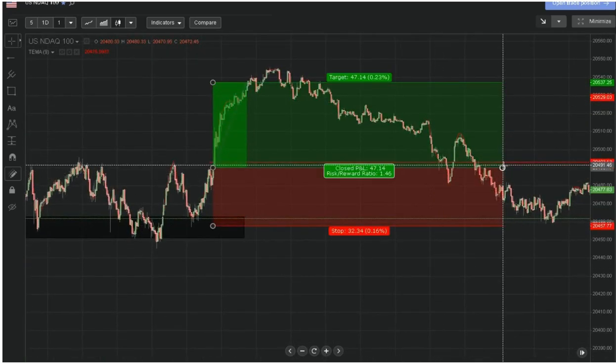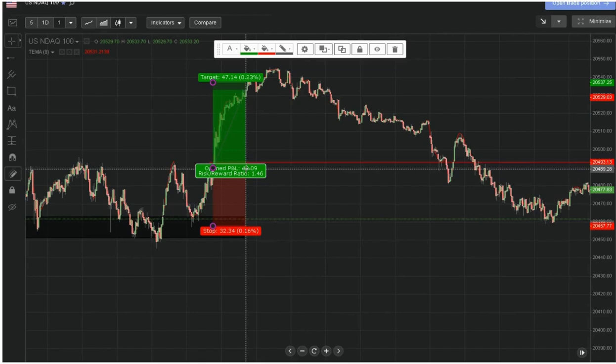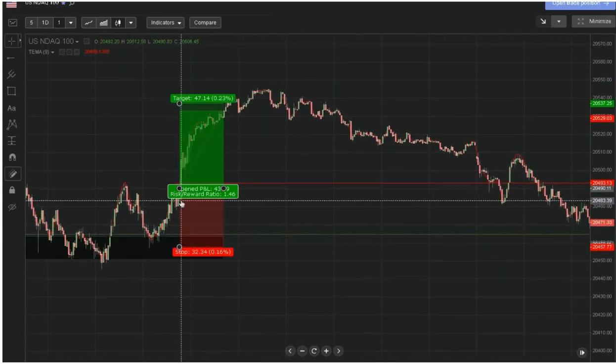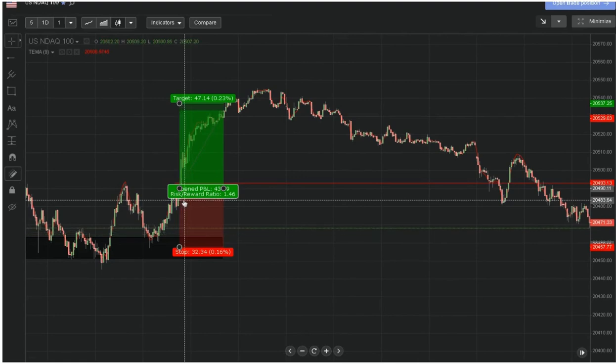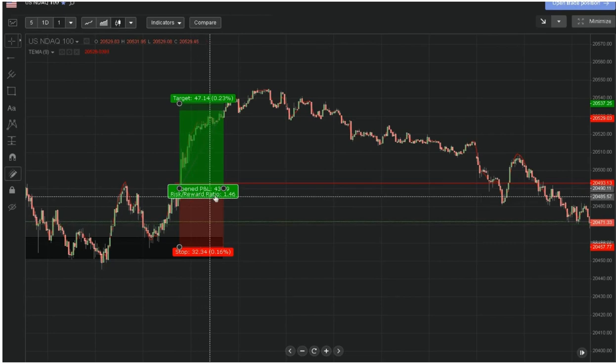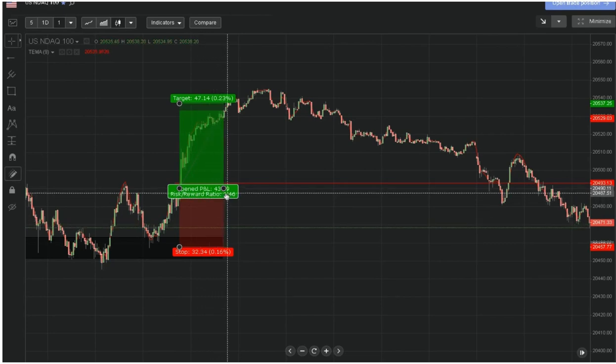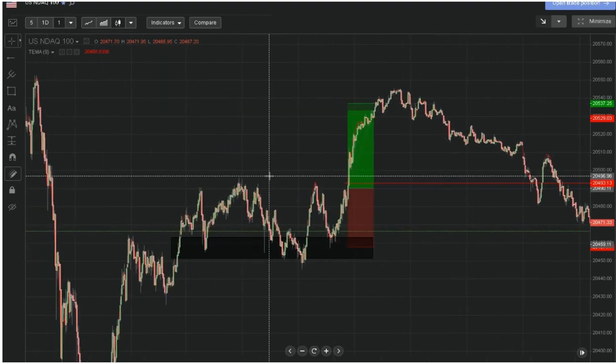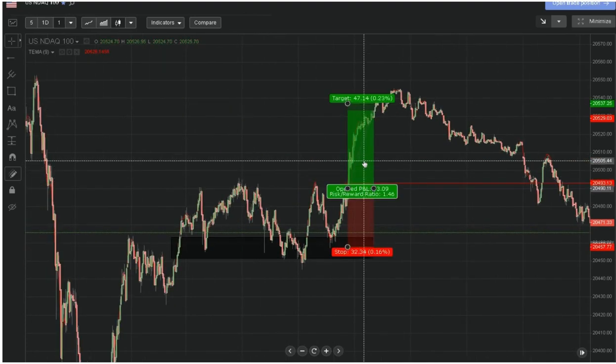How many minutes did we take this trade in? It's like 1 minute, 2, 3, 4, 5, 6, 7, 8, 9, 10, 11, 12. Like 25 minutes. We took this trade in 25 minutes. Wow, this is perfection.